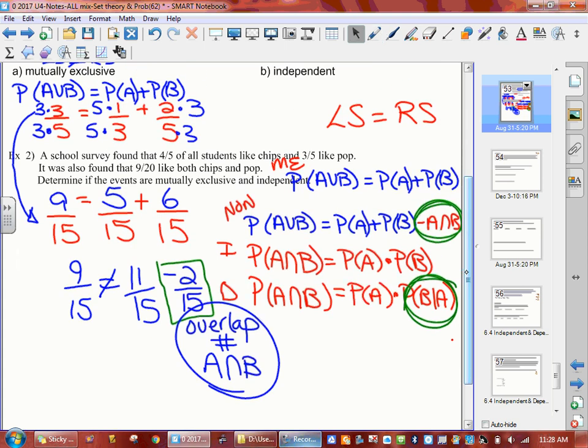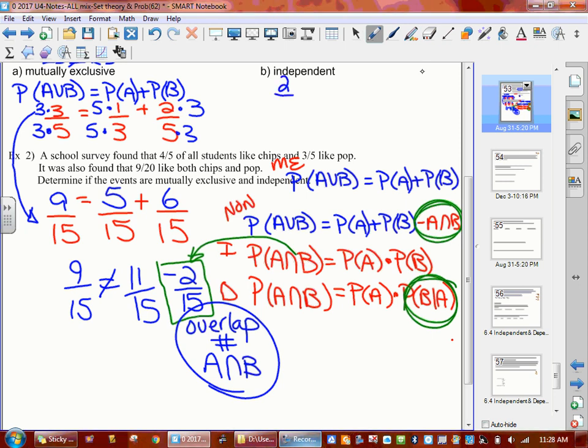Now we're going to check the independence. So when I check independence, I'm checking my first red equation here with the multiplication. I figured out the AND. The AND is right here, 2 over 15. So I'm going to put my numbers up into the equation right up here. So my AND is 2 over 15. Probability of A, 1 over 3.